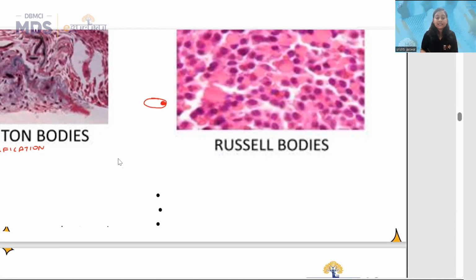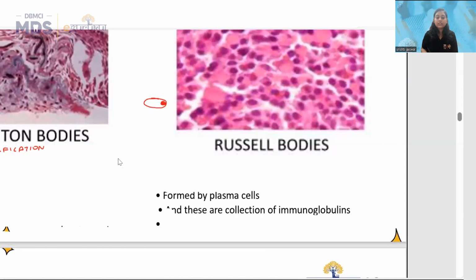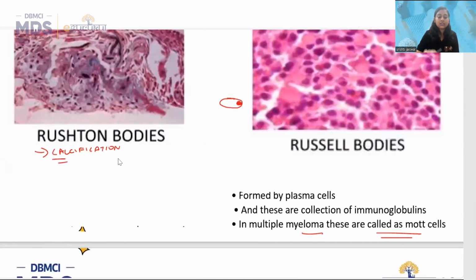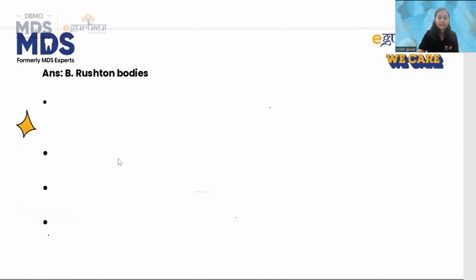Most commonly they are seen in multiple myeloma. These are formed by plasma cells. In multiple myeloma, these are called Mott cells. So this is the basic difference between Rushton and Russell bodies.